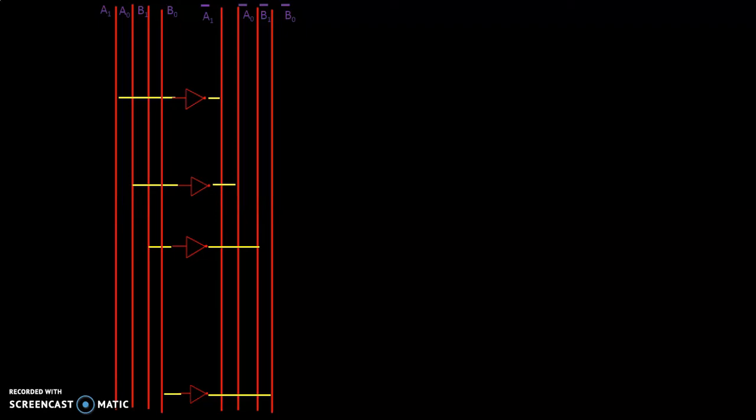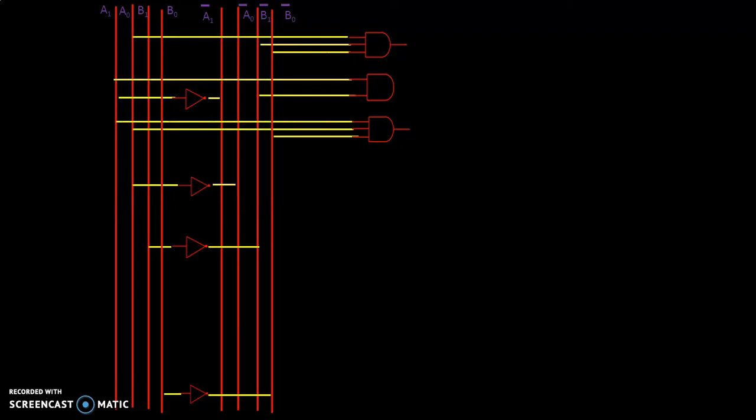Now let us start with y1. As we discussed earlier, we require 3 AND gates, and out of 3, 2 AND gates are with 3 inputs. Now as per the Boolean function, we give connections to the AND gates. At the last stage, because of SOP form, we require 1 OR gate, and output of AND gates is given as input to the OR gate, and output of OR gate gives us y1, that is a greater than b.